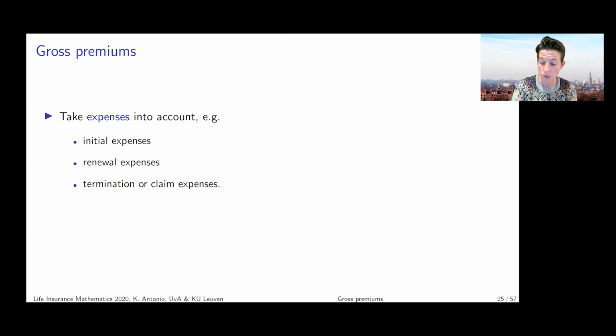So besides the benefits that you need to pay to the policyholder, you also want to make sure that the costs that you incur as an insurance company are covered by the price that you are charging for your products.